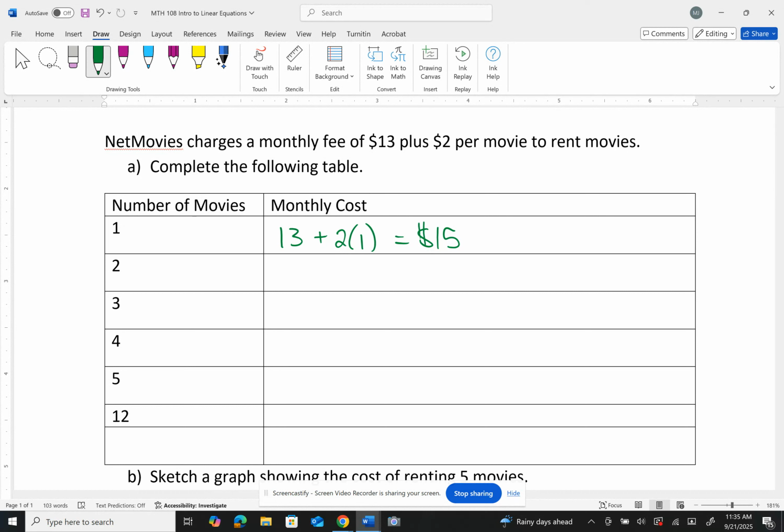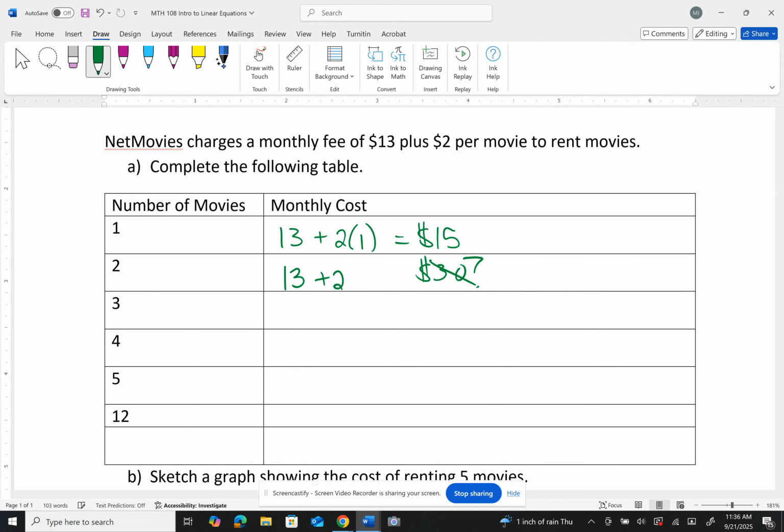Now, if in some month you rented two movies, would it be double that? Would it wind up being $30? The answer would be no, because that flat fee would be paid just that month, the flat fee of $13.